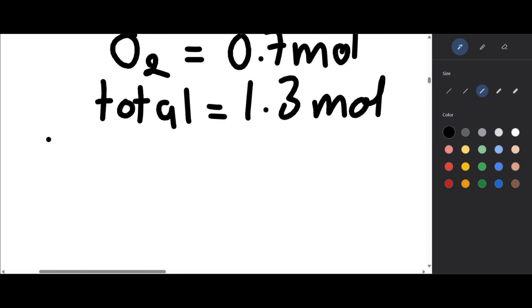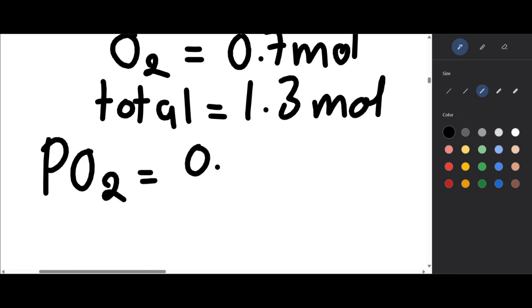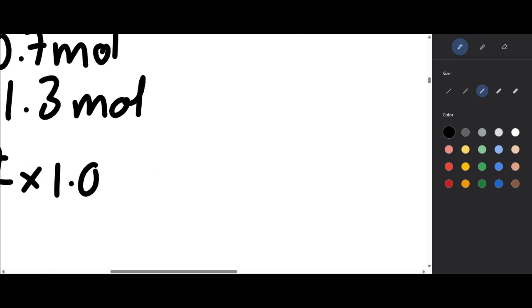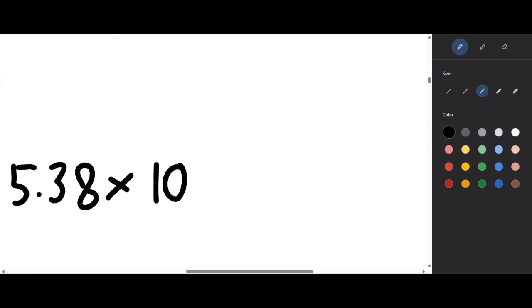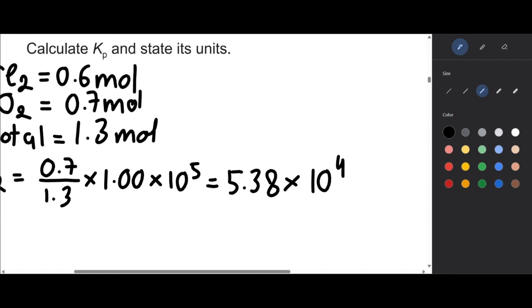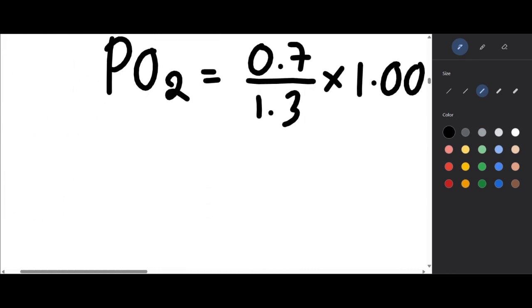So PO2 is 0.7 per total 1.3 times the total pressure 1.00 times 10 to the power of 5. The answer is 5.38 times 10 to the power of 4. We can use a calculator in here. And also PCl2.